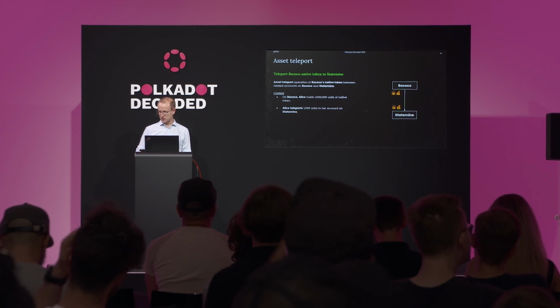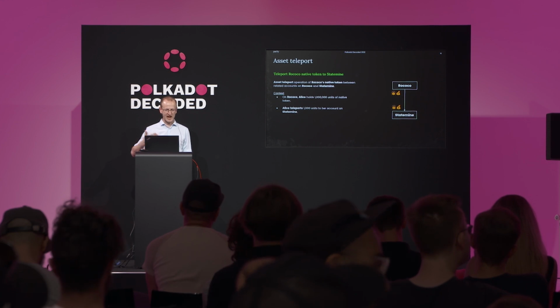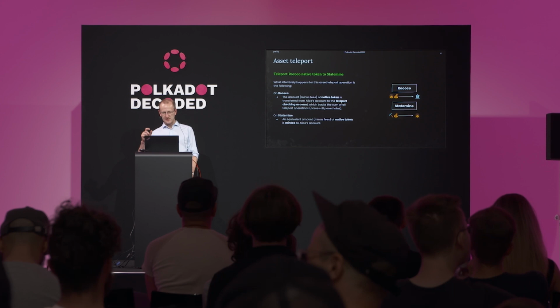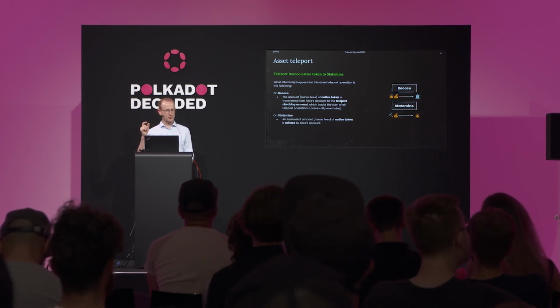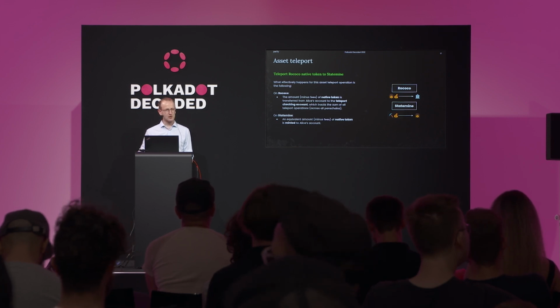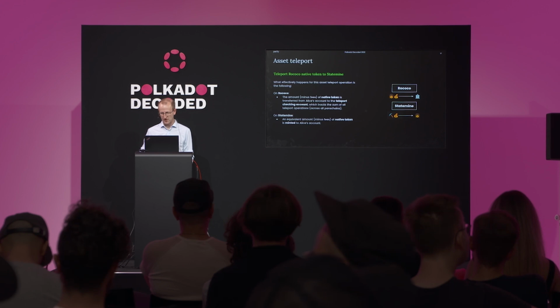This little diagram shows you what we want to achieve from a conceptual perspective. What actually happens when we do an asset teleport is that there is an intermediary account that is used on Rococo. This is a concept that is a bit similar to reserve banking. So what actually happens is that the native token will be moved from Alice's account to a specific account.